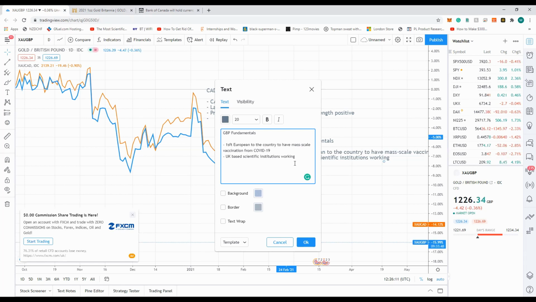These UK-based scientific institutions working on a novel COVID vaccine. Now, what is this? This is investor positive for DFI, direct foreign investment.